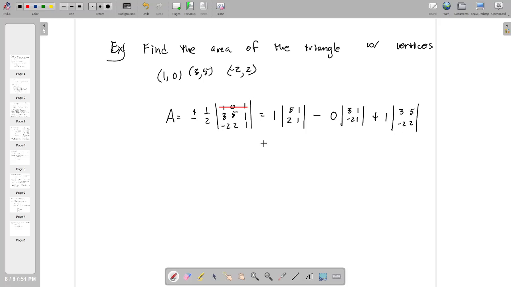We have this. 5 times 1 minus 2 times 1 is just going to be 3, so we have 1 times 3. Minus 0. I'm not even going to take the determinant because I don't need to. It's going to be multiplied by 0. And then 3 times 2 is 6 minus a negative 10. So this will be 1 times 6 minus negative 10, which is 16.